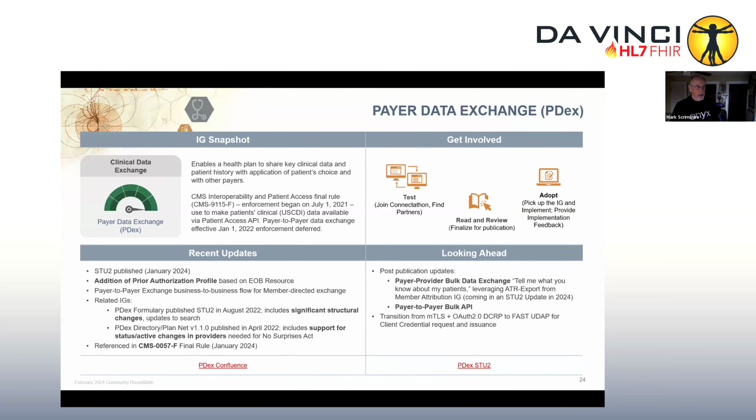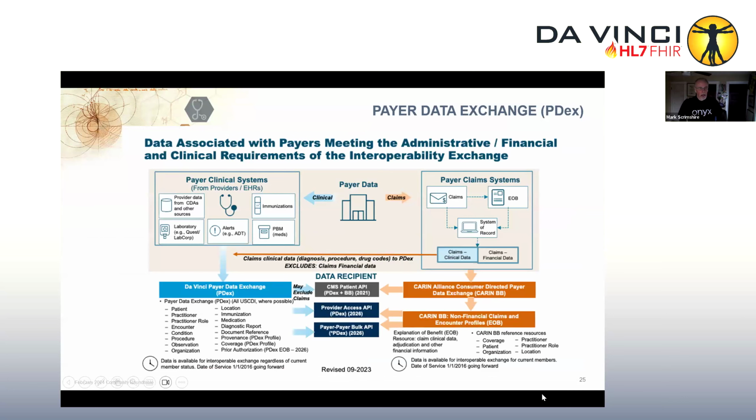Let's go on to the next page. To give you a picture, it is relatively complex, but let's try and break this down. So payers have a lot of clinical data that they collect that needs to be made available to members, and now potentially to payers and providers.